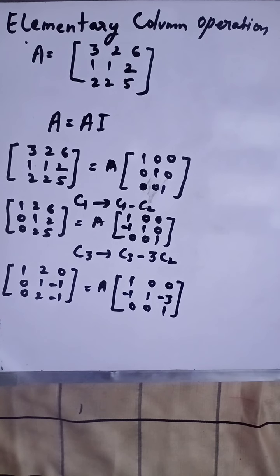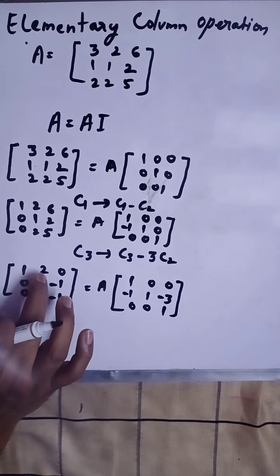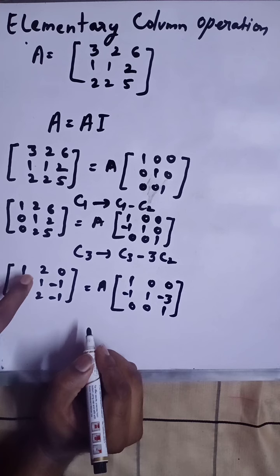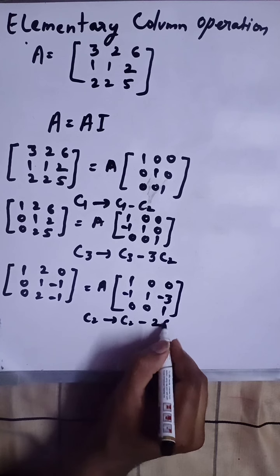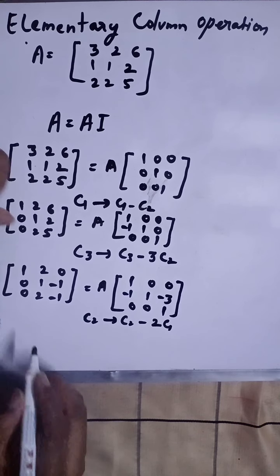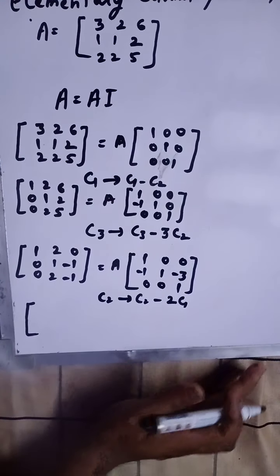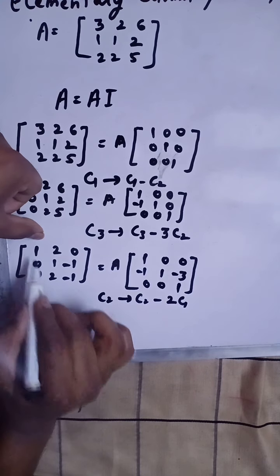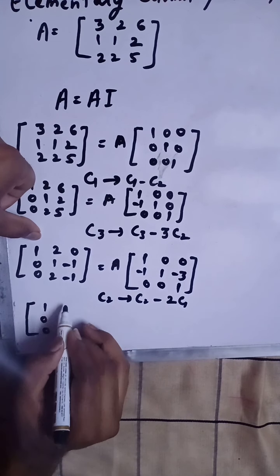After this step, I can see this element must be 0, this one. So what I am doing is C2 goes to C2 minus twice of C1. When you apply this method, the first will remain the same. We are multiplying C1 by 2, and 2 minus 2 would be 0.